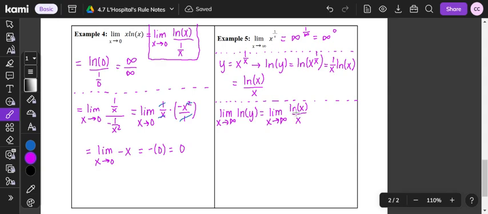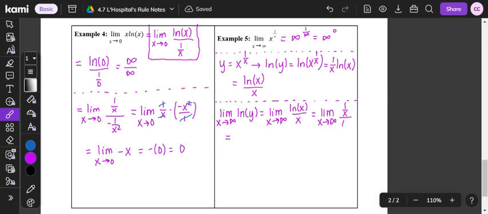If I were to plug in infinity into this directly, I'd get an indeterminate form. So I'm going to use L'Hopital's rule. And I know that this is the limit as x approaches infinity of the derivative of the top, which is 1 over x, and then the derivative of the bottom, that's just 1.